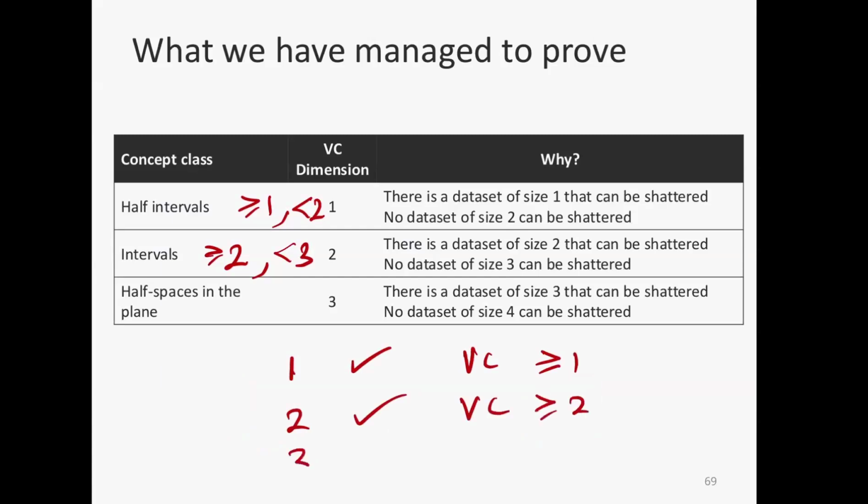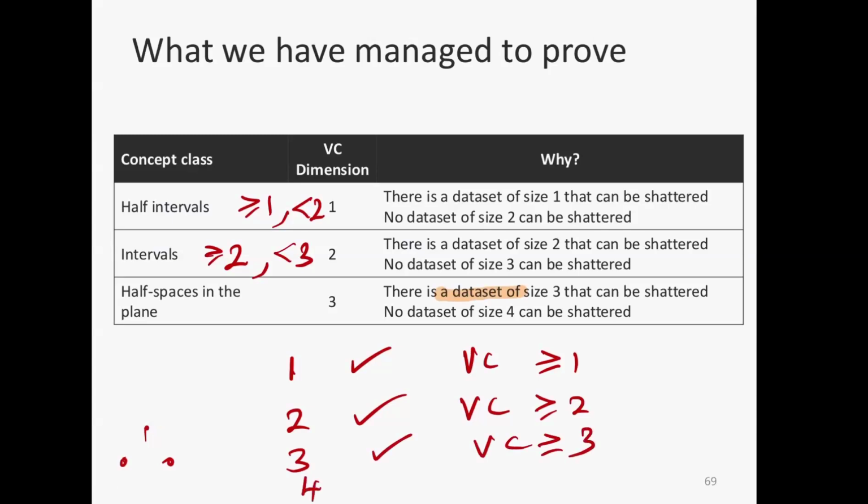With 3 points, all I need is one set of 3 points that can be shattered. We have this triangle case, and no matter how I label it, I can match the labeling. So even if there's one data set of size 3 that can be shattered, then VC is greater than or equal to 3.